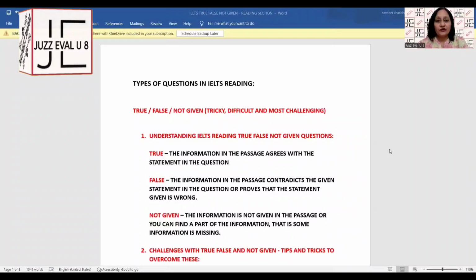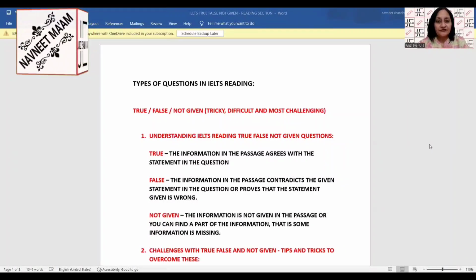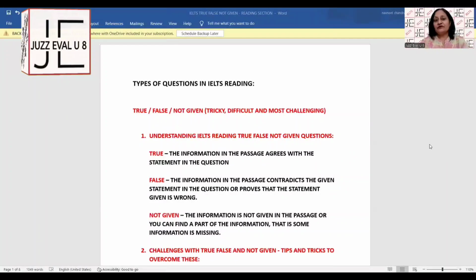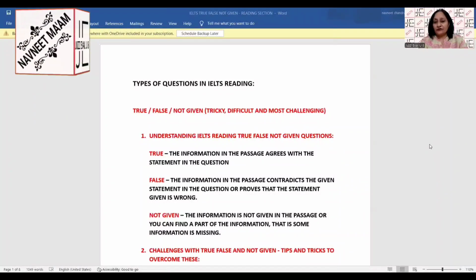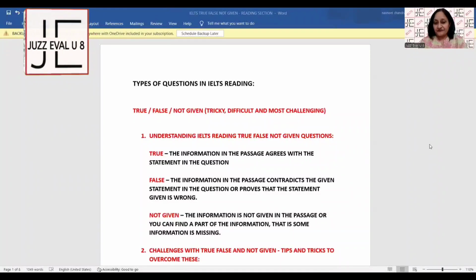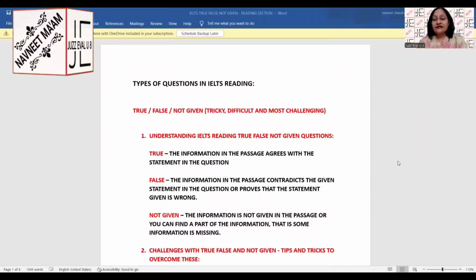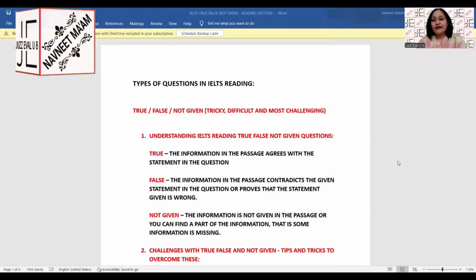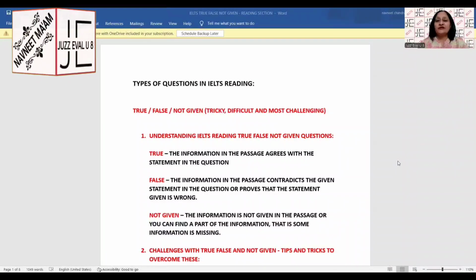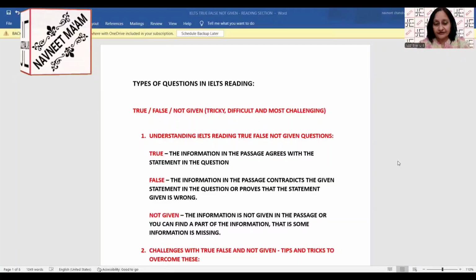Okay, so hope you all can see this. Now, there are different types of questions in IELTS reading, but today we'll take up true, false, not given. It's the most tricky, difficult, and quite challenging. So, what is this reading section? Well, here you'll get comprehension passages and you have to answer questions based on those passages.